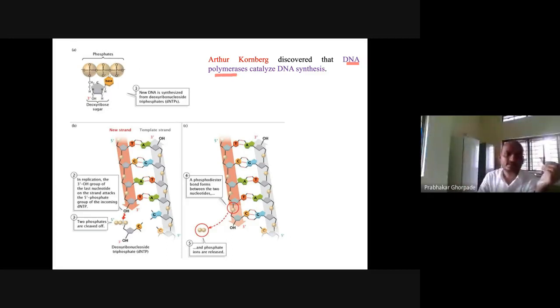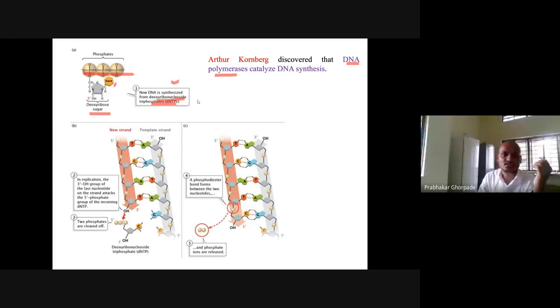So this one is a deoxyribose sugar, this one is a base, and these are the three phosphate groups. New DNA is synthesized from the deoxyribonucleotides. So these are our recipe for our soup, right? We want to make DNA, and this is our recipe.